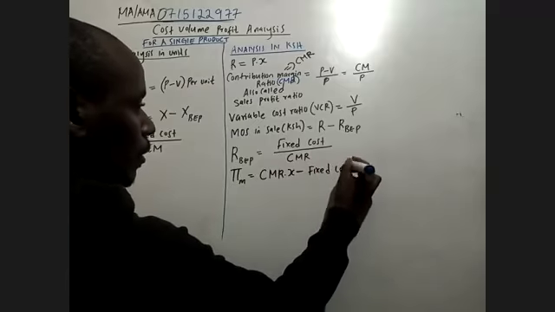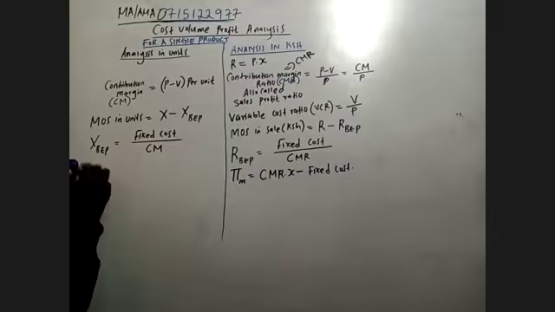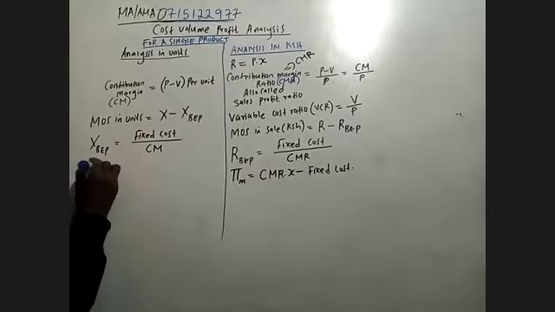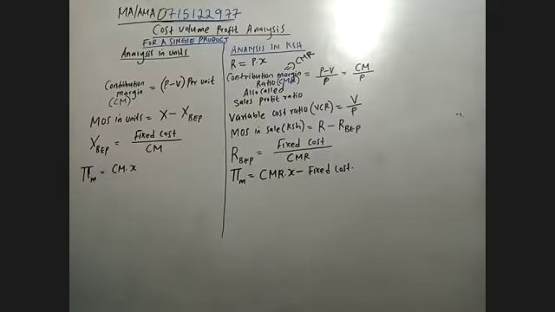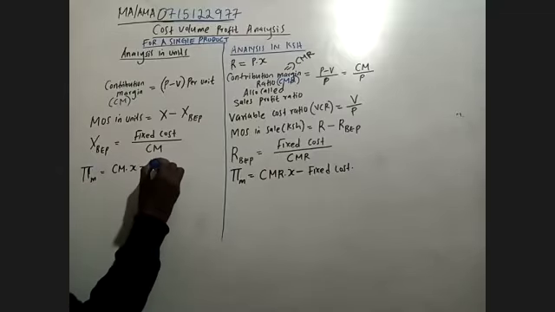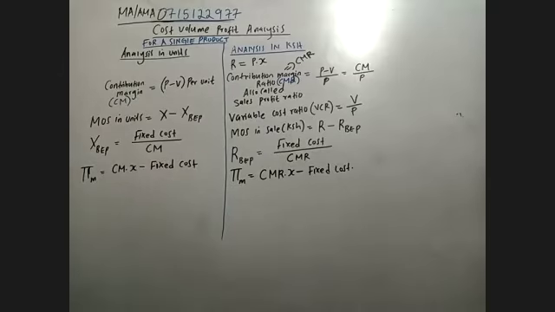What about profit made in the units? Itakuwa ni CM times X minus fixed. Because that one means profit made.